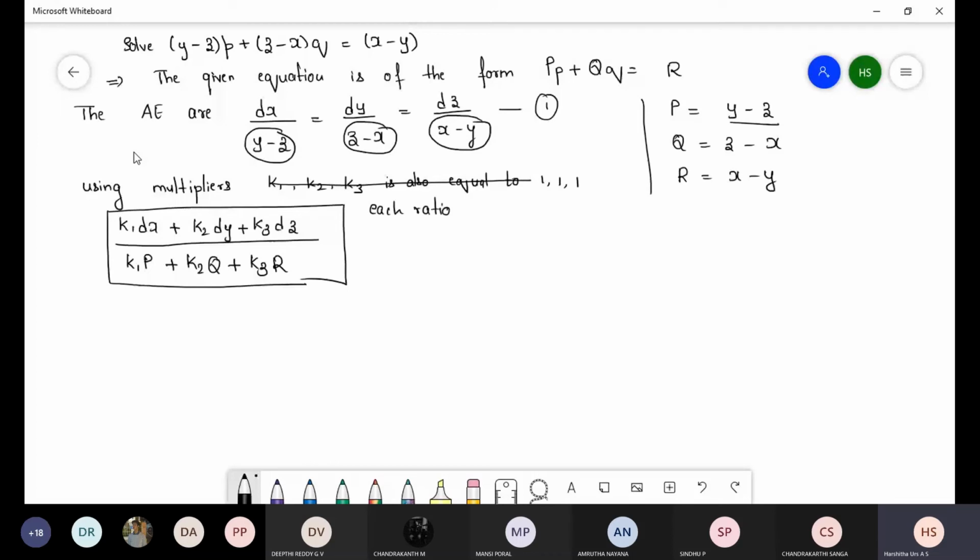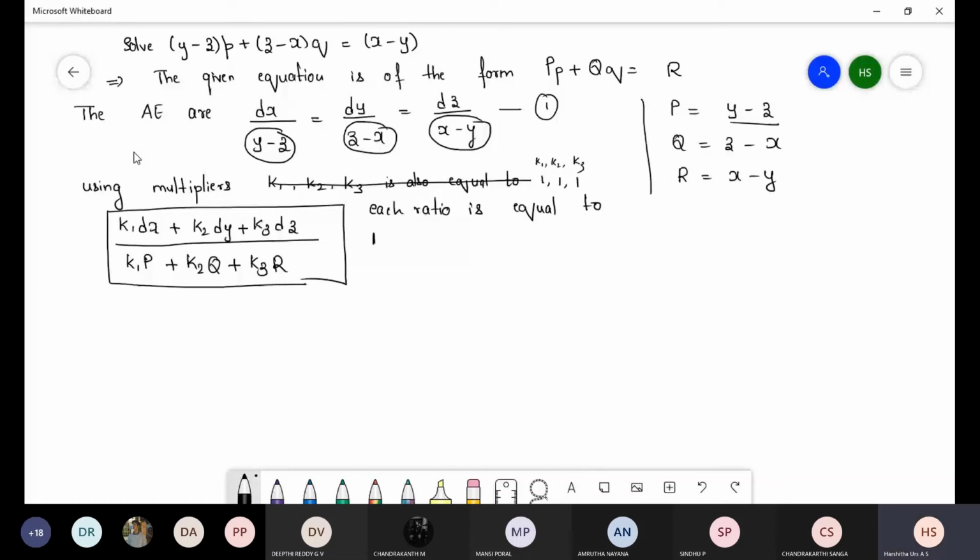Each ratio is equal to this, our K1, K2 and K3. So what we have to do?